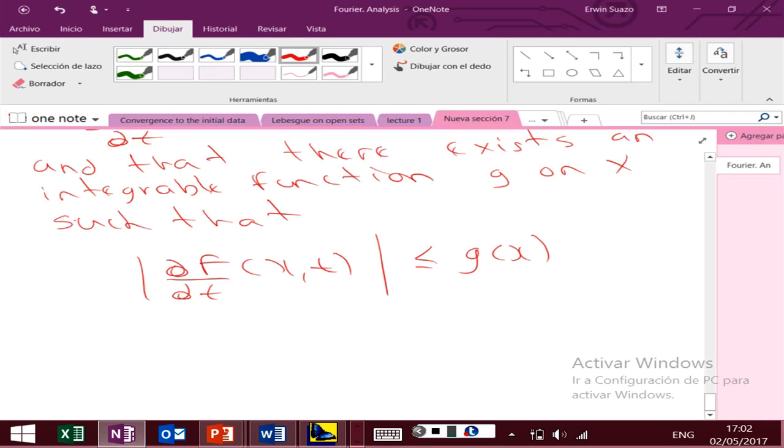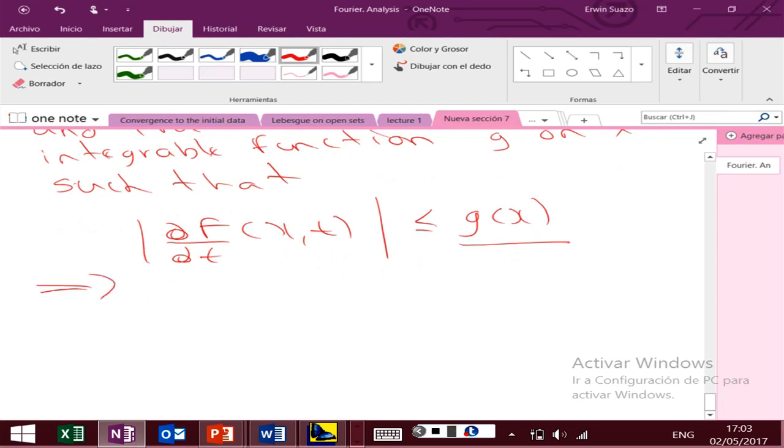You see, I'm assuming that my f is a two variable function. Everything is properly defined, but basically you have a two variable function like the heat equation, and you are assuming that there is a g of x such that this is true.